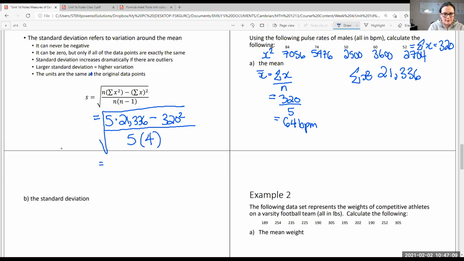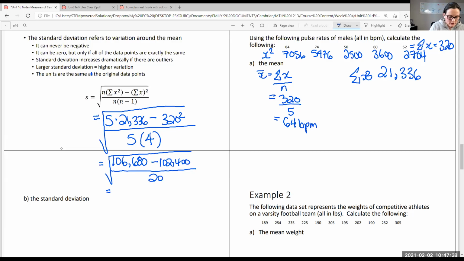So 5 times 21,336 is equal to 106,680. 106,680 subtract 320 squared, which is 102,400, divided by 20, and then we find the square root of that.